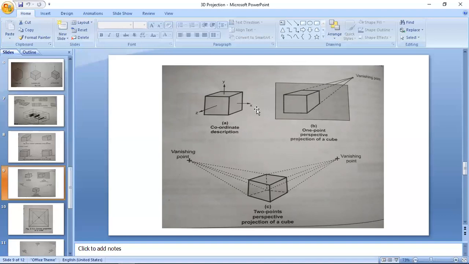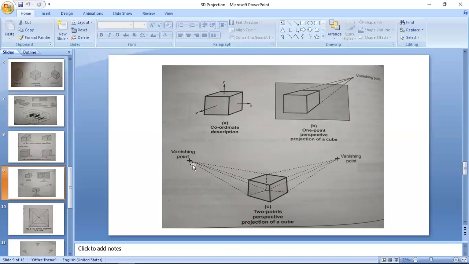Accordingly it will get renamed as 1 point, 2 point, or 3 point projection. This figure shows you the appearance of 1 point and 2 point projection. In this, as we are having only one vanishing point, means all the projection lines get converged at a single vanishing point, so it is a 1 point perspective projection of a cube.